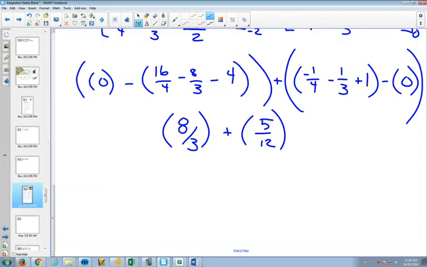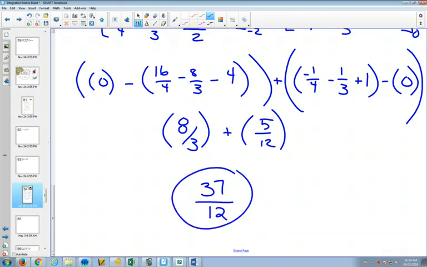So if we get a common denominator here of 12, we're going to get 32 over 12 plus 5 over 12. 37 over 12 as an answer.